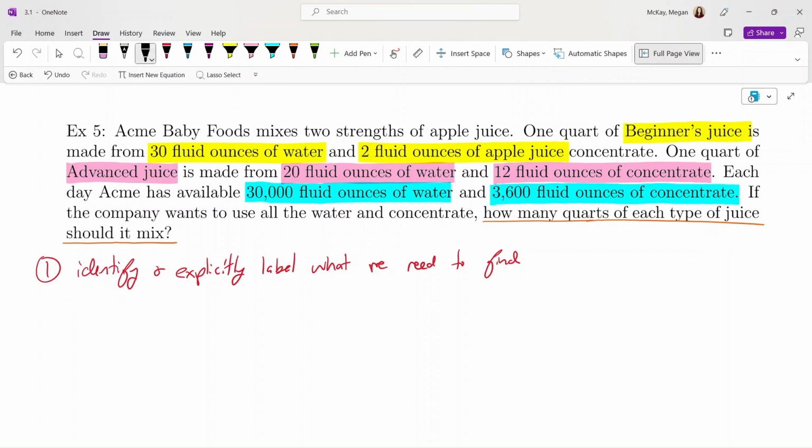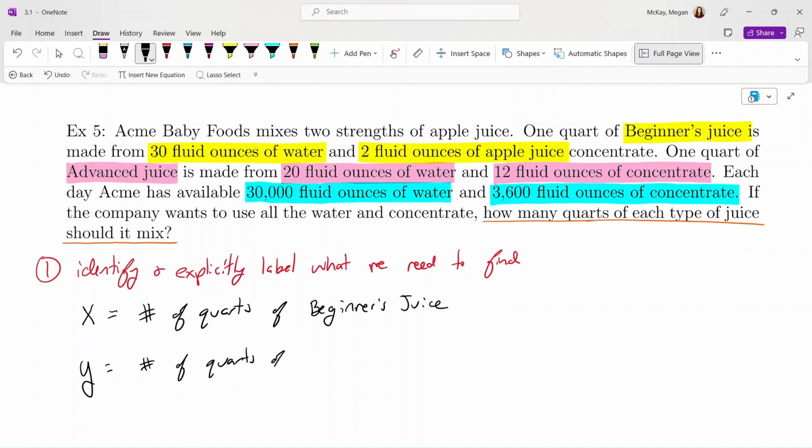Alright, so let's go ahead and identify our variables. So we're going to say that variable x is the number of quarts of beginner's juice. Right? That's the first type of juice that was mentioned in the problem. So I'll go ahead and give that the variable x. And how about the variable y? Well, that's the number of quarts of advanced juice.